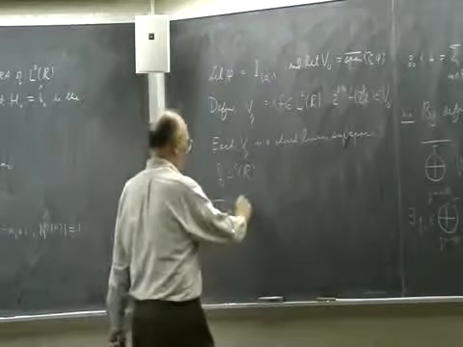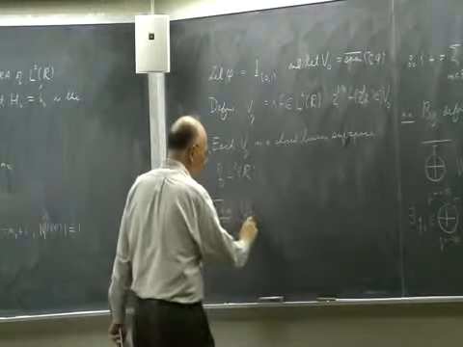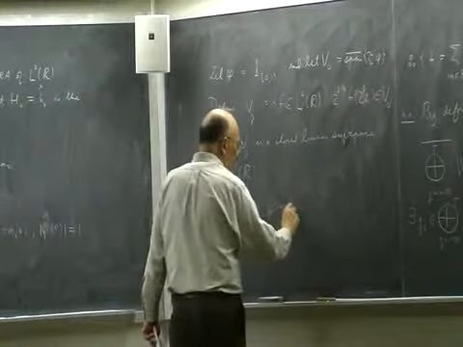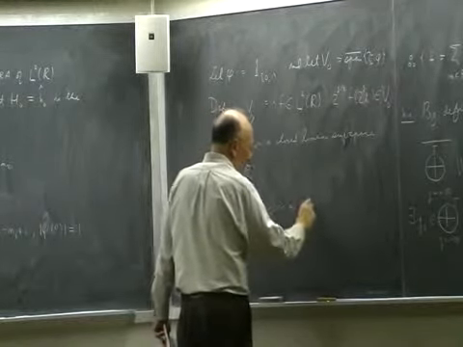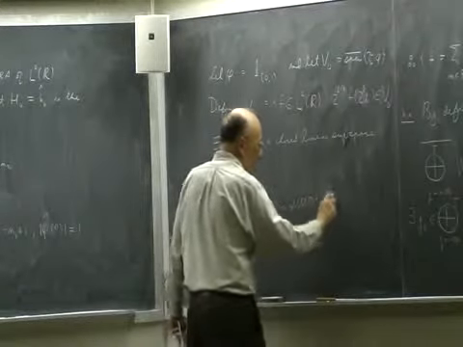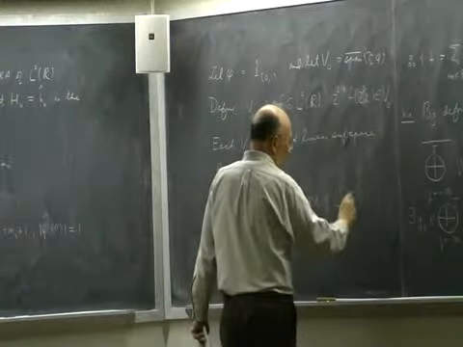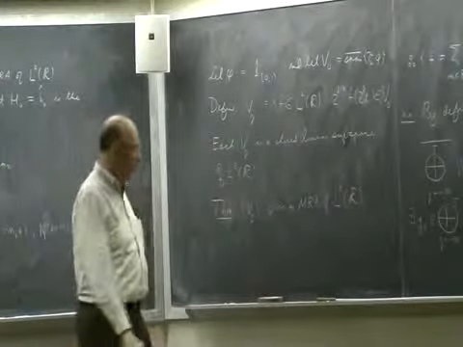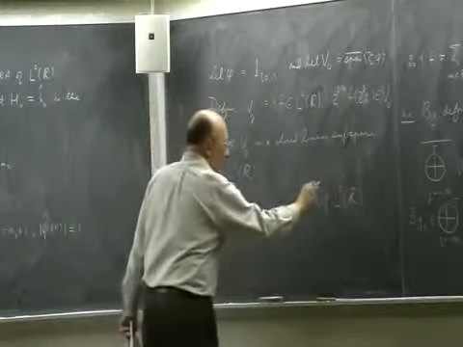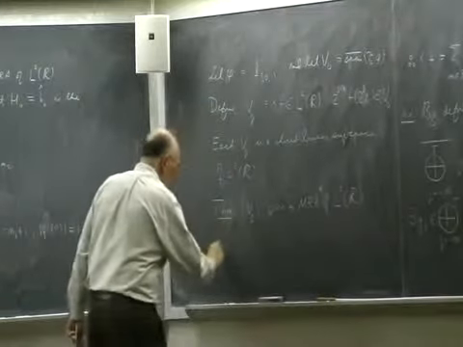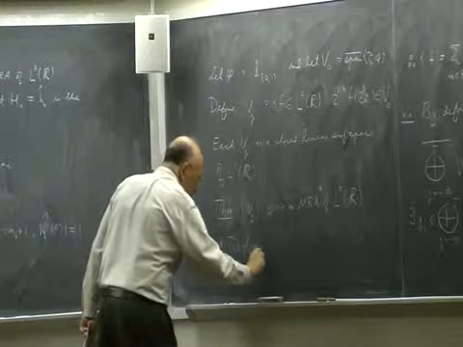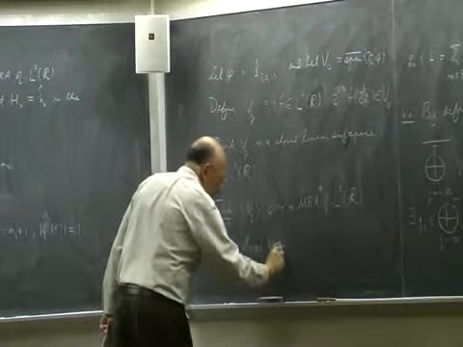Theorem: Vj with phi is an MRA of L2 of R. It's the Haar MRA.